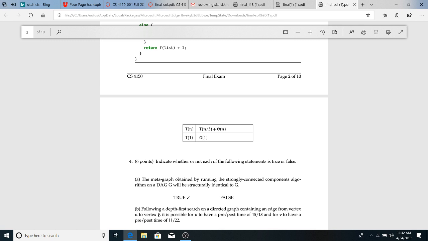Then you can have a value here like 7, it goes down to do some other nodes, and then it comes up and has a post time of 15. There's still a connection from U to V. Oops, this one should be V, and this one should be U. But the pre and post times are later than the children's, just based on how the depth first search looked at the nodes. So that one should be true.